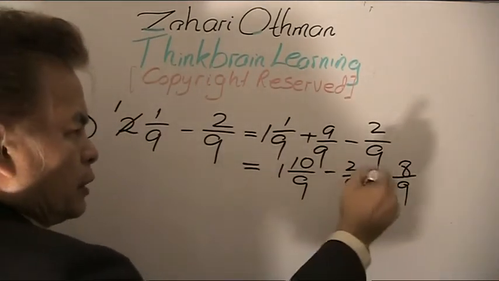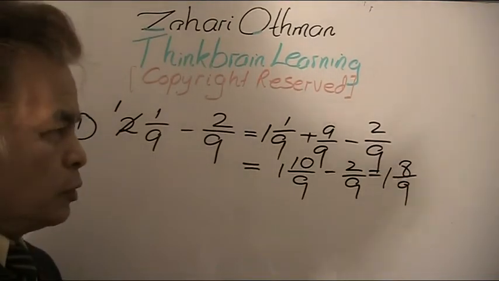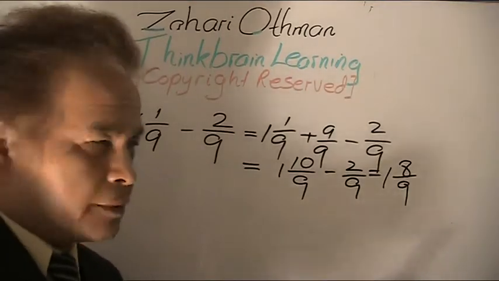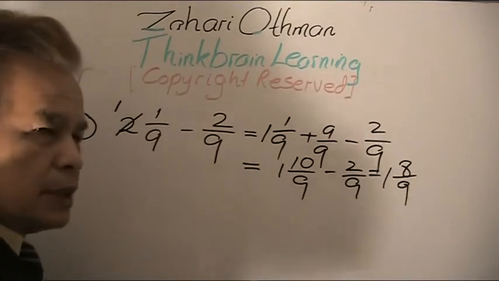So you have 1 8 over 9. It's just like 1 minus 0 is equal to 1. This is the first method. So if you haven't done it through this method, you can always pause and copy down.